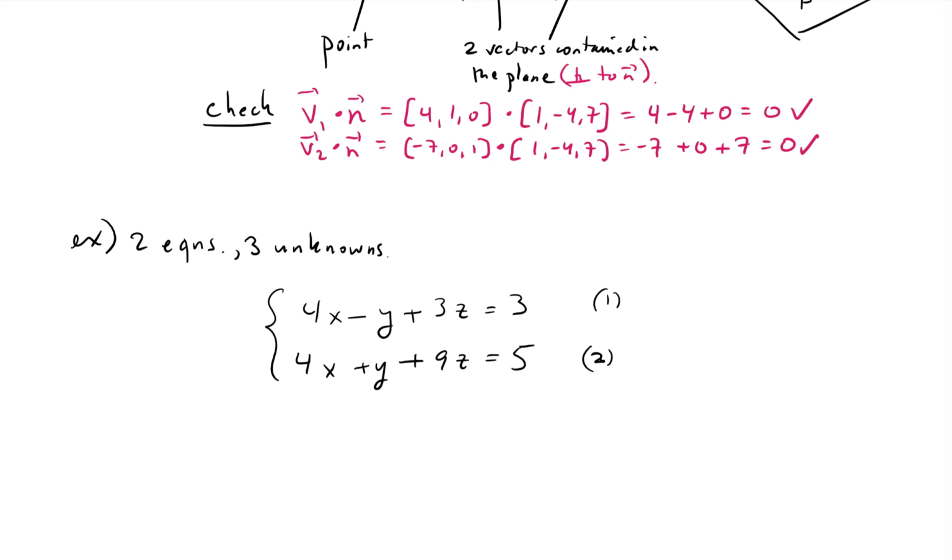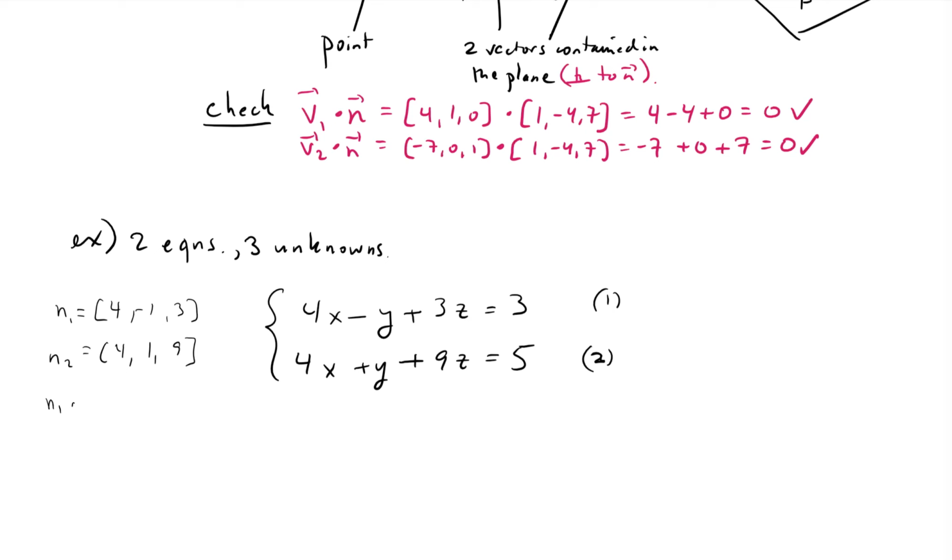Well, there are 2 things you can do. You can look at your normal vectors for each plane. And if they are proportional, then you have parallel planes, and potentially overlapping planes if the constants are proportional in the same way. But here, those are not proportional, right?